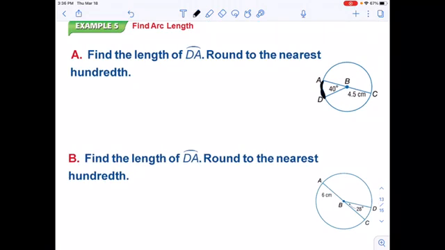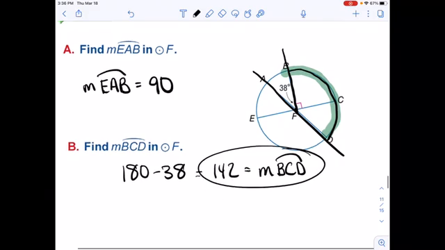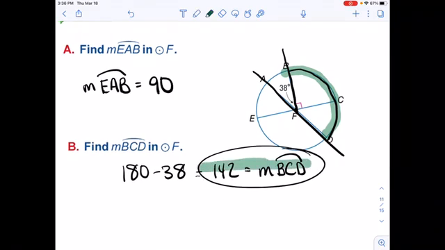So find the length of arc DA, round to the nearest hundredth. Now, before, we were sort of just finding an arbitrary measure, okay? This is not going to be the same thing. The length is an actual distance in centimeters, meters, feet.